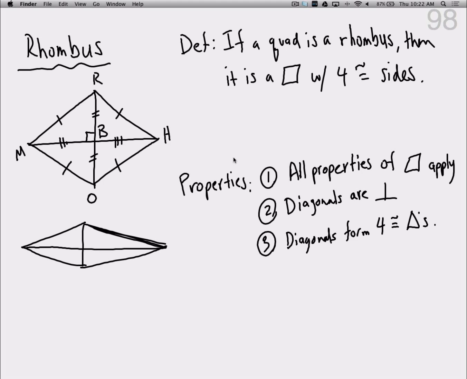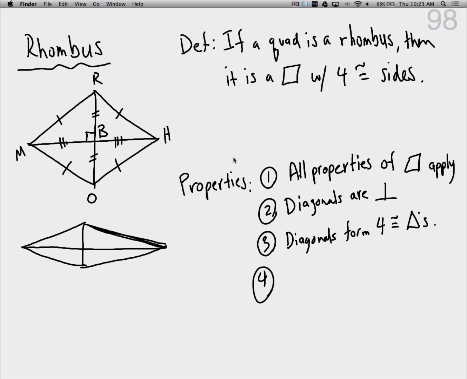Oh, there is something else. What appears to be the relationship between angle MRB and angle BRH? Emmett. Are they complementary? Well, no, not in this shape. They're equal to each other. How do you know that?